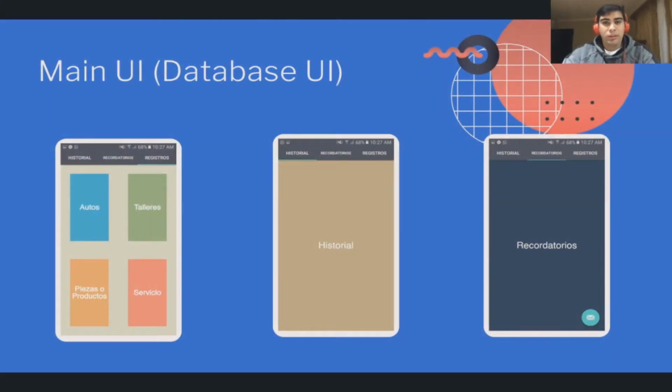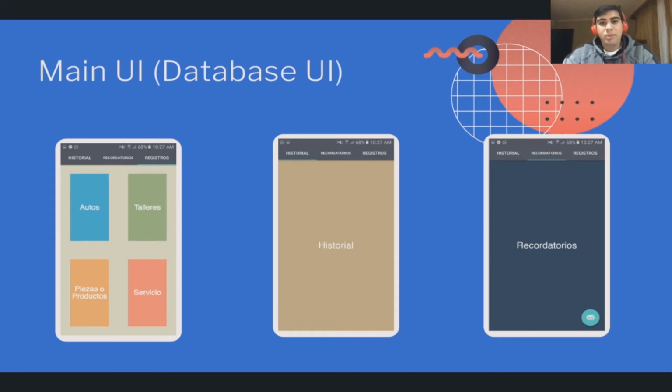First of all, when you open the app, you will be able to see three different screens. The first one I'm going to talk about is the registers screen, and in this screen you will be able to open different activities: autos, talleres, piezas, and servicios, in which you will be able to manage the information and the operations of the database related to each table. In second place, we have the historial screen.